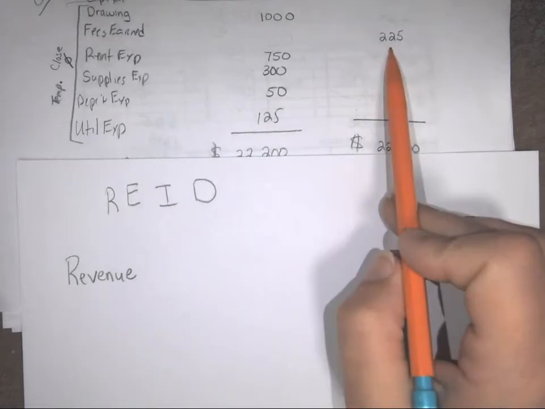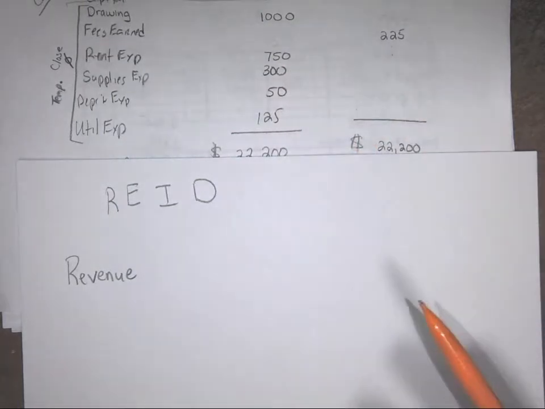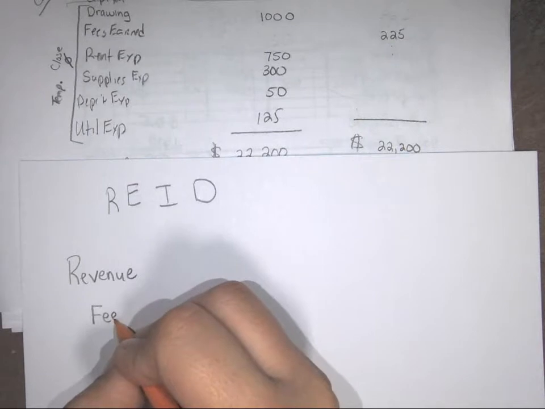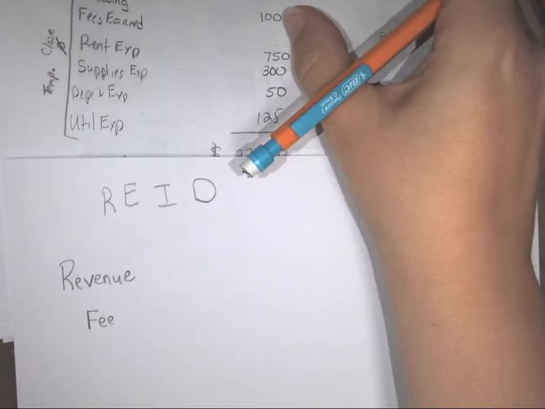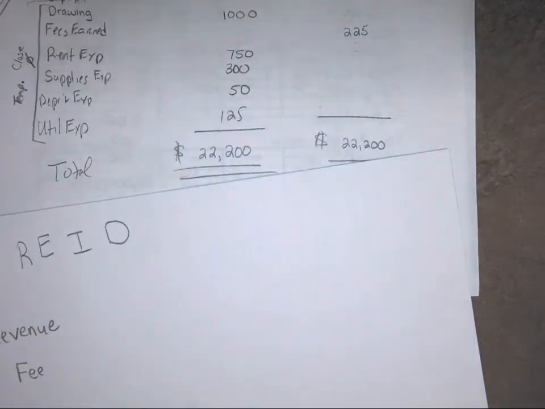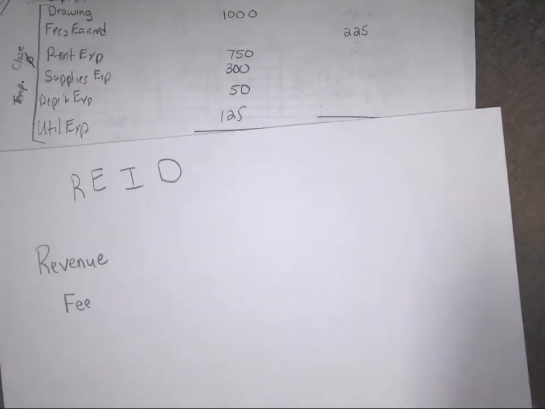So right now that is sitting as a credit balance. To make that zero, we need to debit that account. And so what we would have here is, you know what, I don't really want to do it on this one. We would go back to our ledger because all of this should be on our ledger.